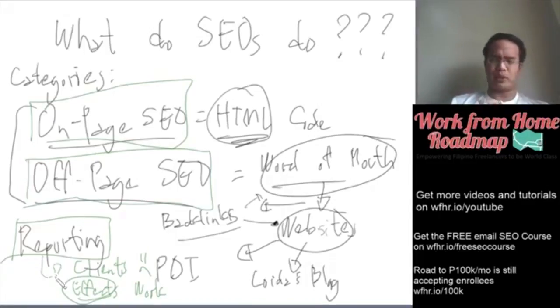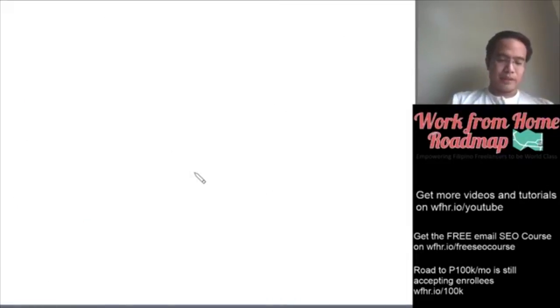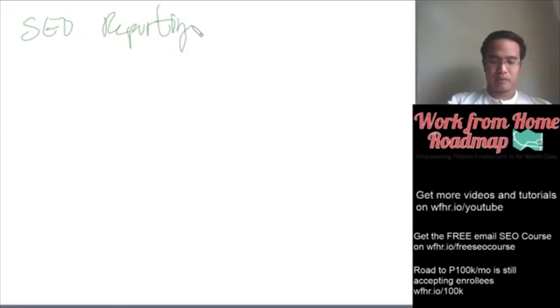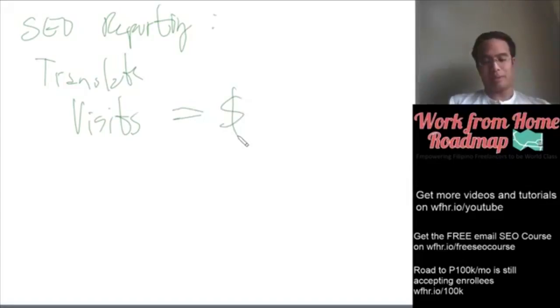So you show them different reports, and we have keyword reports, ranking reports, and different kinds of reports. And one really important thing I'd say about reporting is translating. With SEO reporting, you can translate the visits into dollar amounts.